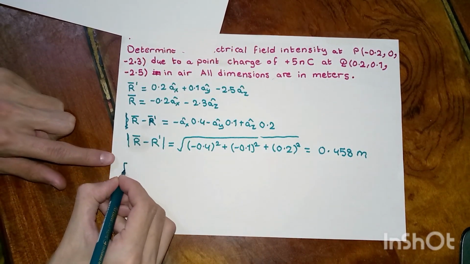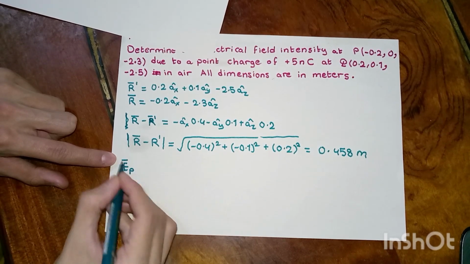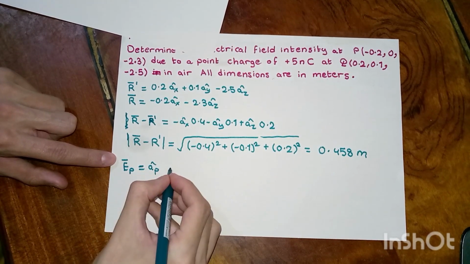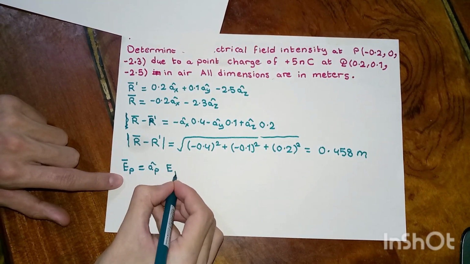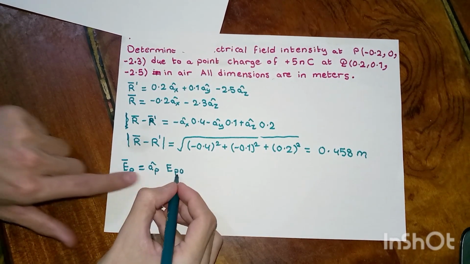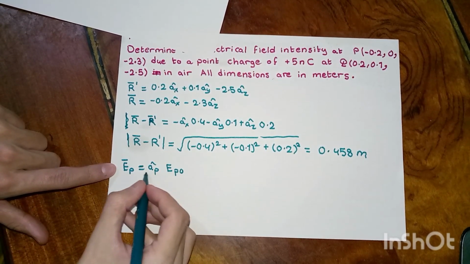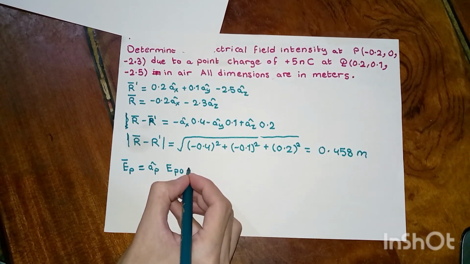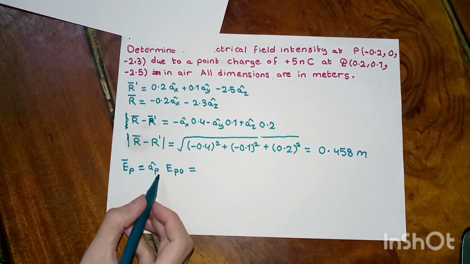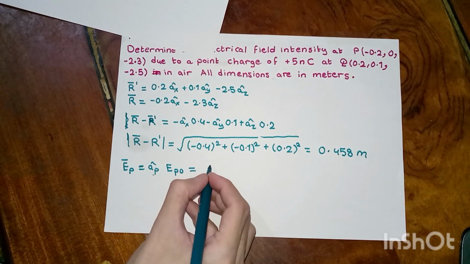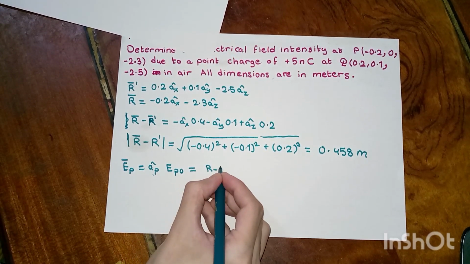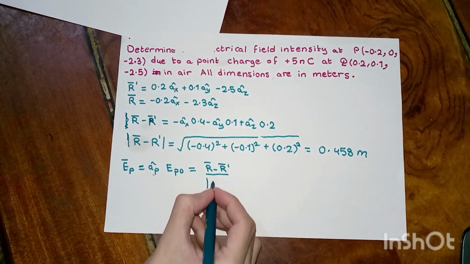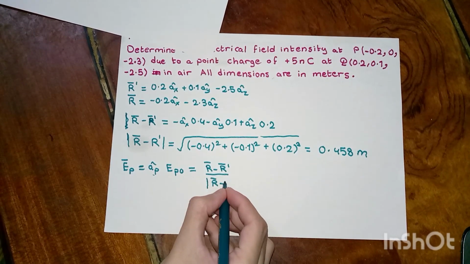So we want to write the electrical field intensity in this form: a sub p, which is the unit vector, times E sub p0, which is the magnitude or the amplitude of the electrical field intensity vector. And this unit vector equals r minus r primed divided by its modulus, which is the modulus of r minus r primed.